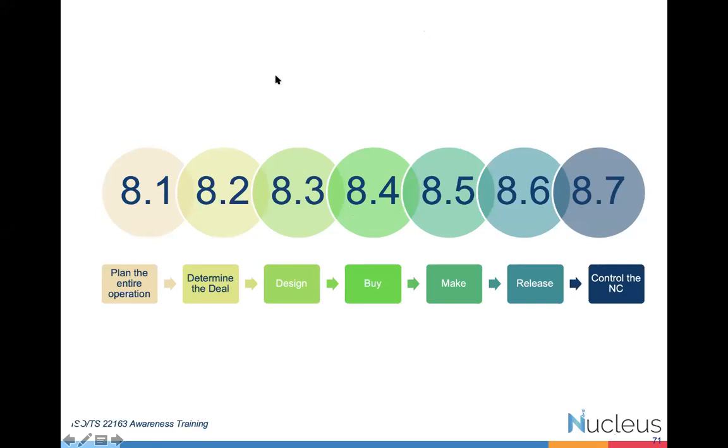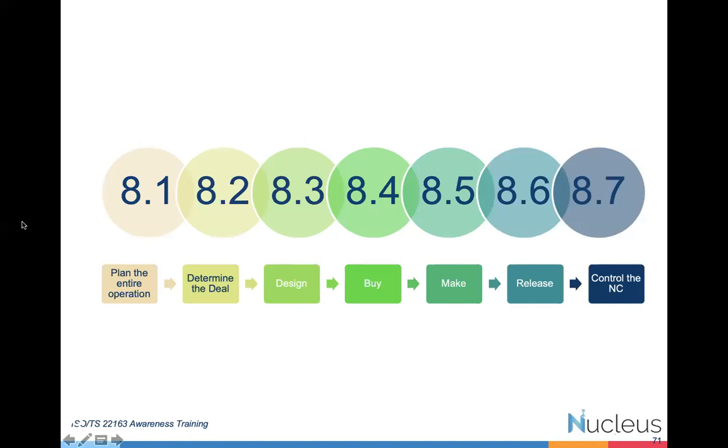Then 8.4 is applicable to which process? Sourcing, purchasing, subcontracting, or EPPPS, right? Then 8.5 production, stores, PPC, right? Don't confuse production planning with 8.1. Again, I'm repeating, most people do that. Don't do that.